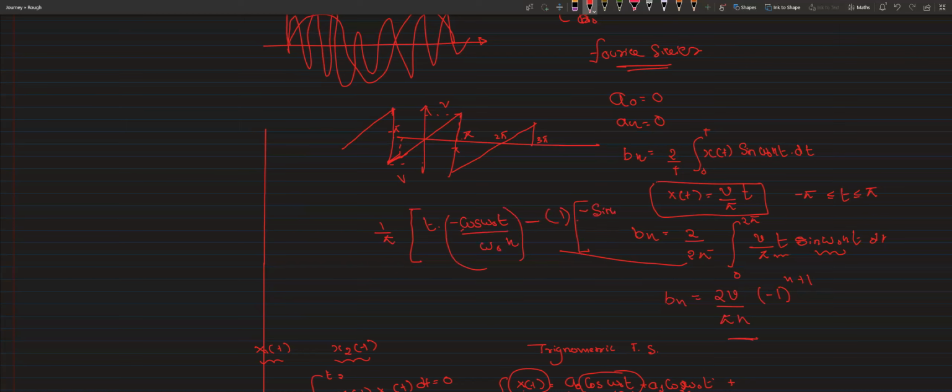Sin omega naught nt by omega naught n whole square it will become. So you have to simplify this.